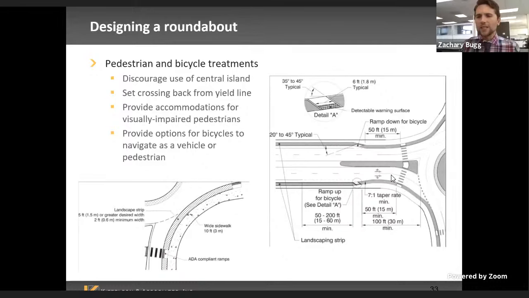So what we tend to recommend here is to terminate the bicycle lane, the bicycle facility, upstream of the roundabout, about 15 meters or so ahead of the crosswalk. Then you give folks the option: for those cyclists that are confident cycling in the roundabout, in the roadway, you push them into the vehicle lane with other traffic.